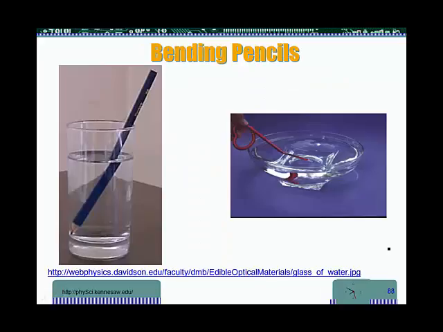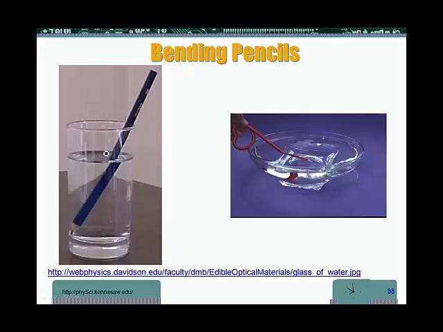One implication of Snell's law, whenever you have an object that's partly in one medium and partly in another medium, like these pencils, because light, as it is coming out of this one medium into the other medium, because of that refraction, is going to give us the illusion that our objects, like these pencils here, are actually bent.